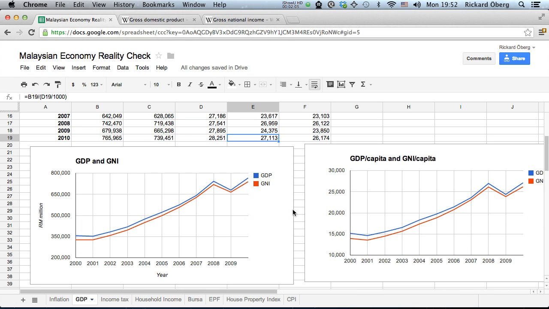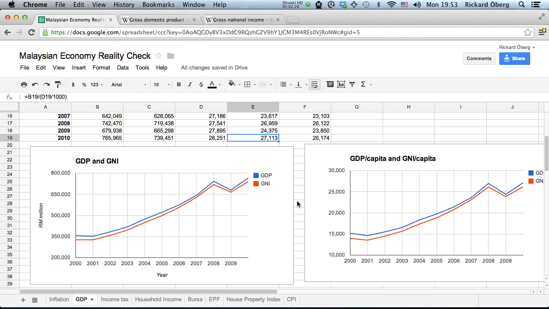If you graph this, it's a nice pretty curve going up steadily from 2000 until 2010, both for the GDP and GNI, and also per capita. So that's awesome. Now let's take these numbers and adjust for the value of the ringgit going down.